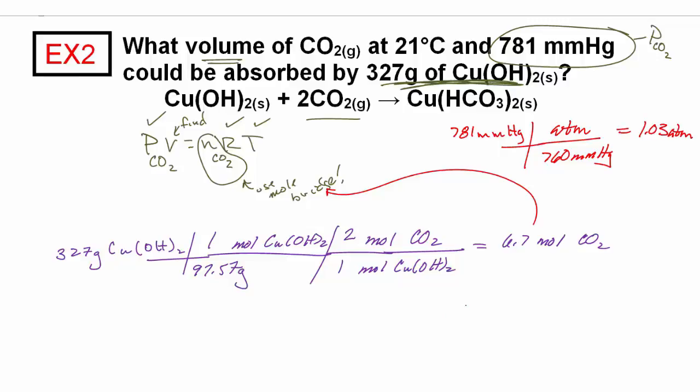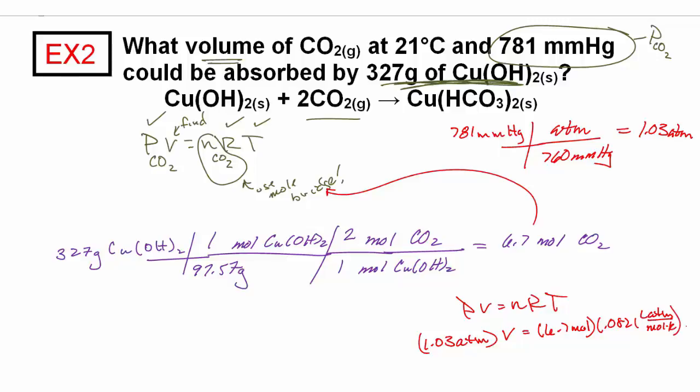Okay, now I'm ready. PV equals nRT. My pressure is going to be 1.03 atmospheres. The volume is what I'm trying to find. You found the number of moles to be 6.7 moles. The gas constant is 0.0821 liter atmosphere over mole Kelvin.